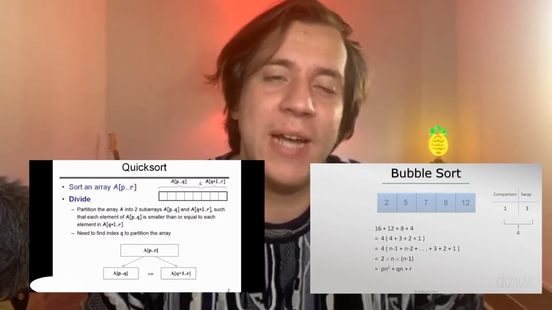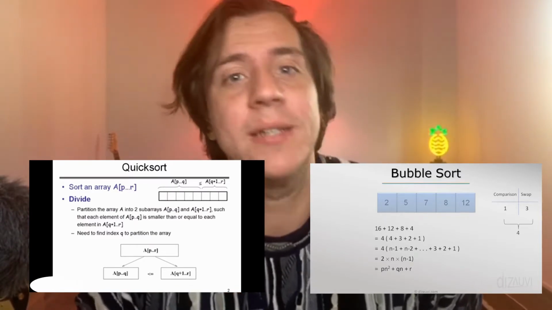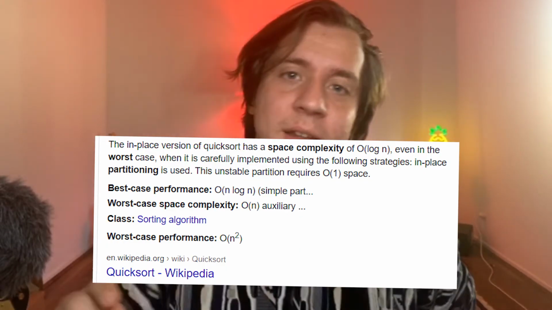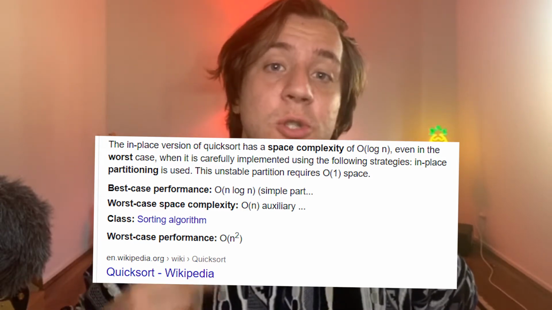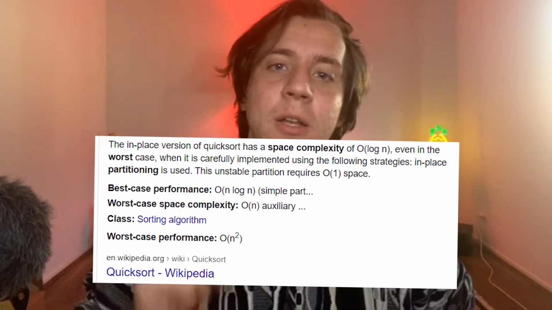Now, quick sort has a big O complexity, otherwise known as a worst case complexity, of n log n, which means if there are n number of things being sorted, the amount of steps required to sort them in the worst case scenario is n multiplied by log n.